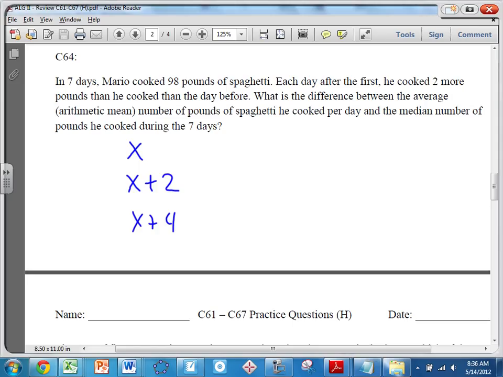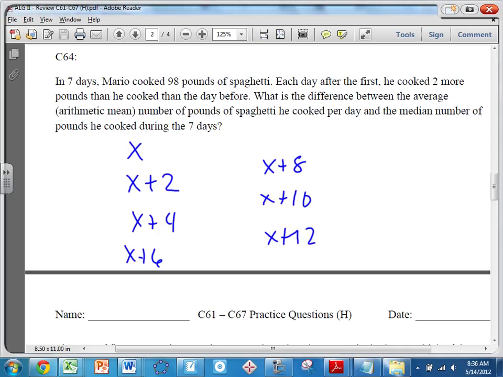How many days does it go on for? 7 days, okay? So we got X plus 6, X plus 8, X plus 10, and X plus 12. We're all clear on that? Now, that is the amount of pasta he cooks each day. It says, altogether he cooks how much pasta? So let's sum those up.